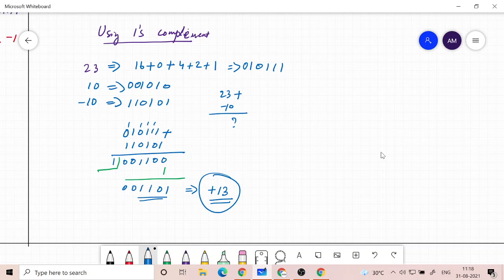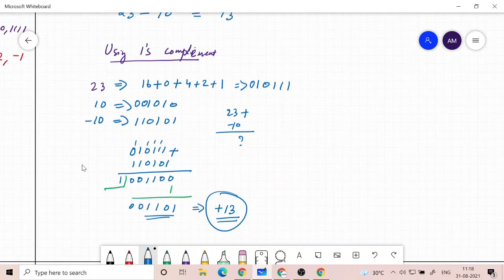Excuse me, sir. Can you repeat that part, where the requirement of 6-bit numbers comes from? Okay. So you look at the magnitude. If the numbers are given as decimal numbers, you look at the magnitude of those numbers. Here the magnitude is 23 and 10, right? Whenever we use 1's complement or 2's complement, how many bits have to be used? That is the question.